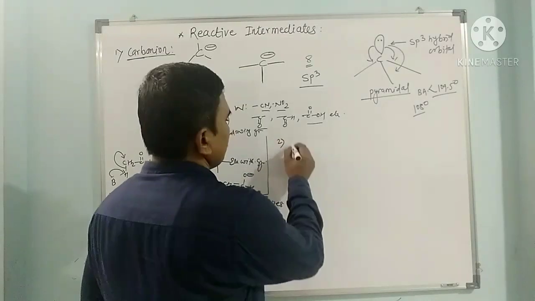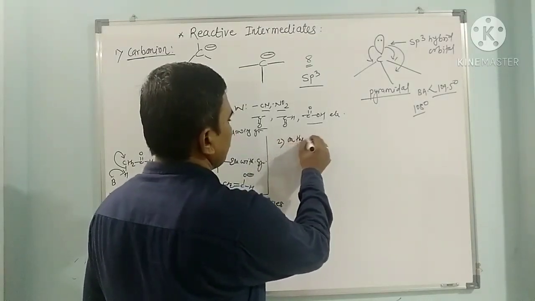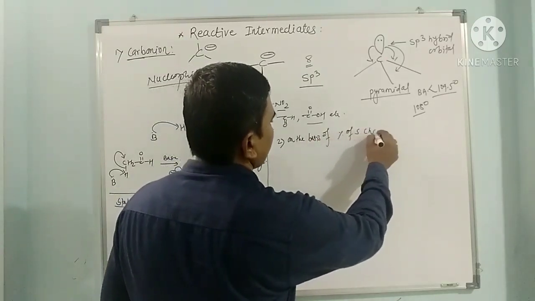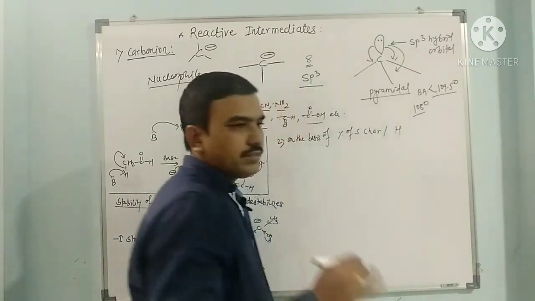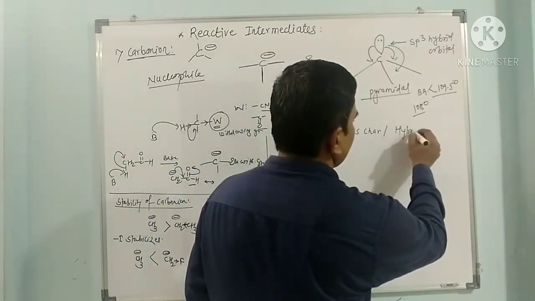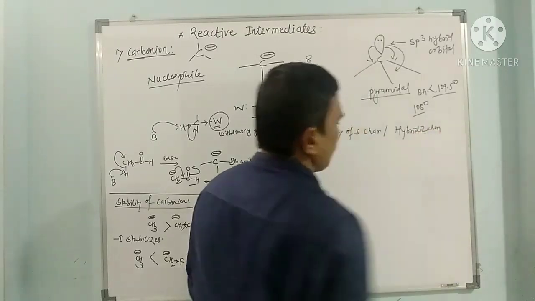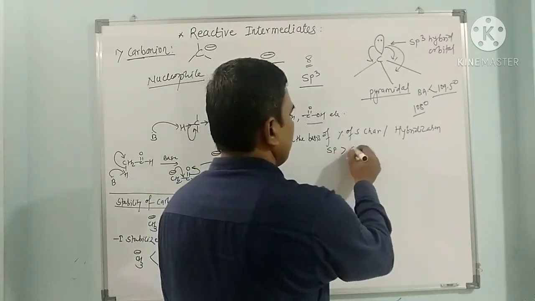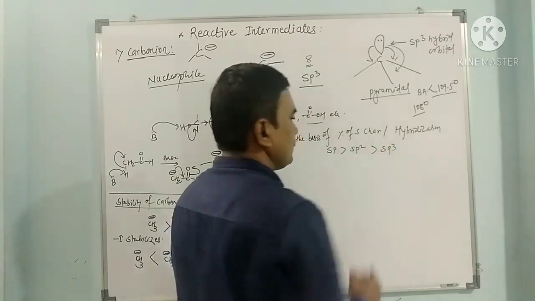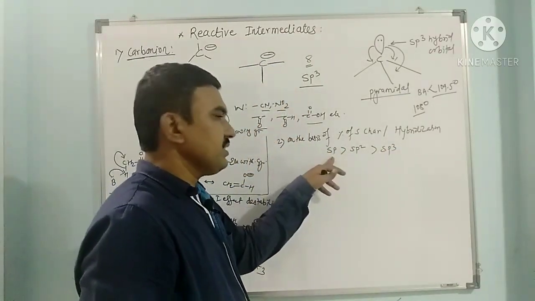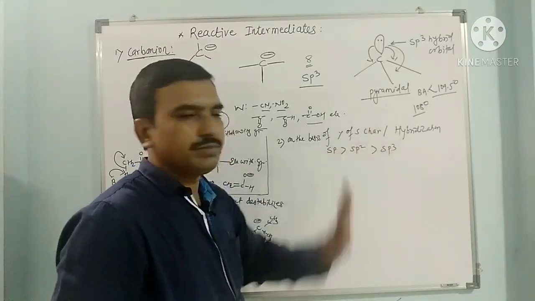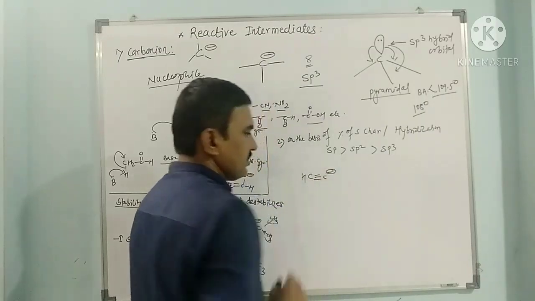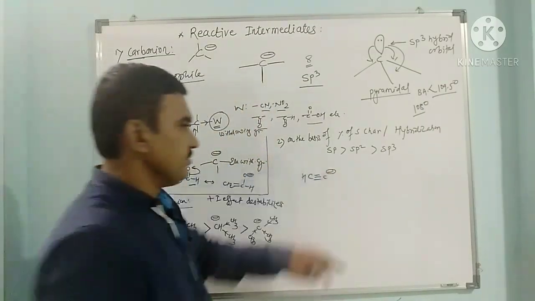Second is stability on the basis of the percentage of S character or hybridization of this negatively charged carbon. So sp hybrid carbanion is more stable than sp2, than sp3. When HC triple bond C has a negative charge, this is an sp hybrid carbon.